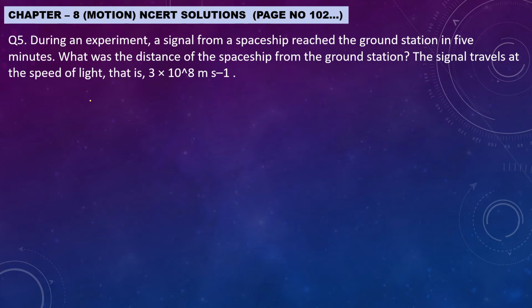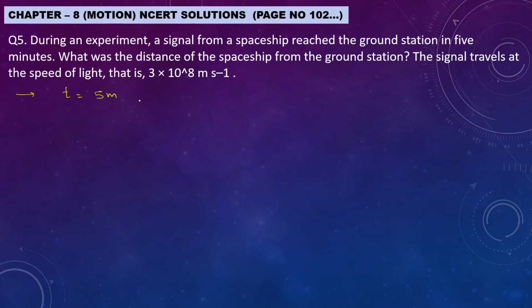Okay, we'll see question number 5 on page number 102. During an experiment, a signal from a spaceship reached the ground station in 5 minutes. So here, time is given as 5 minutes. Then, what was the distance of the spaceship from the ground station, right? The signal travels at the speed of light.